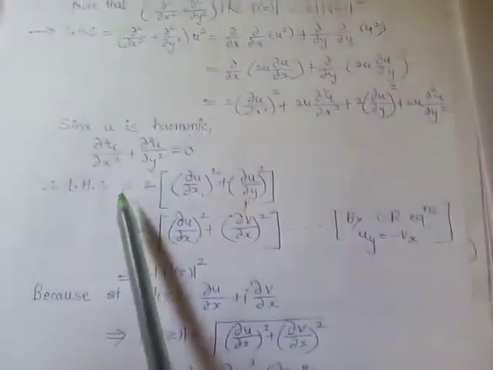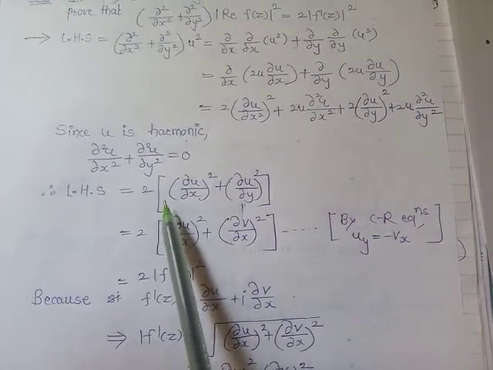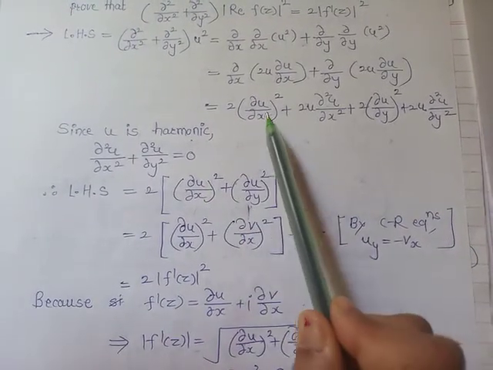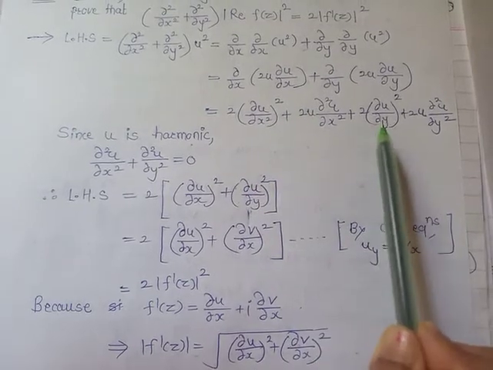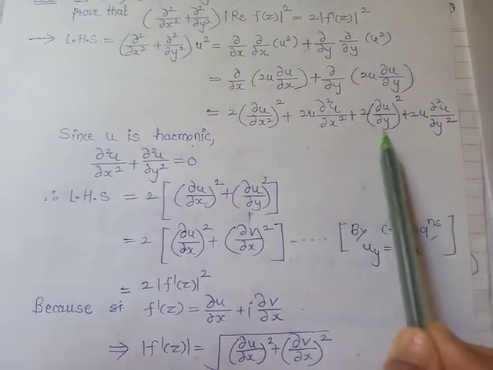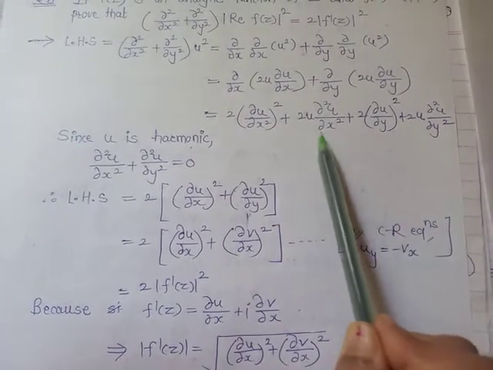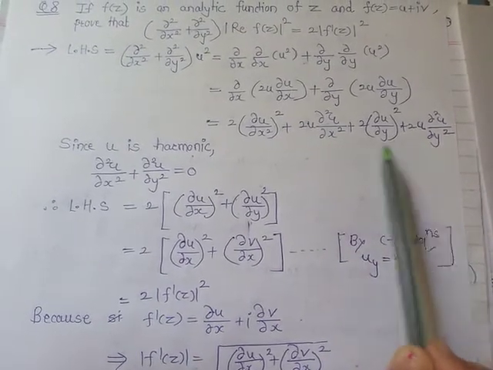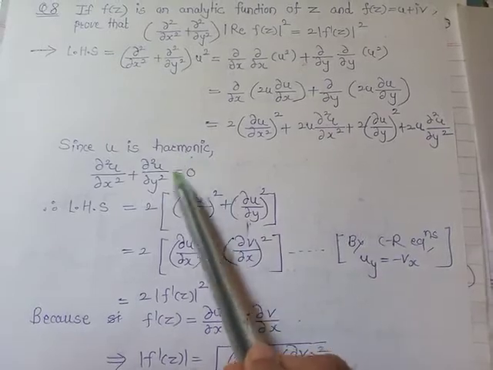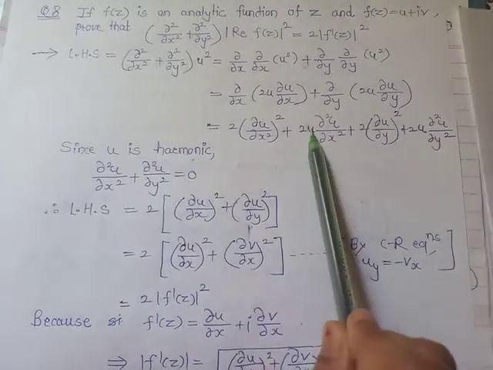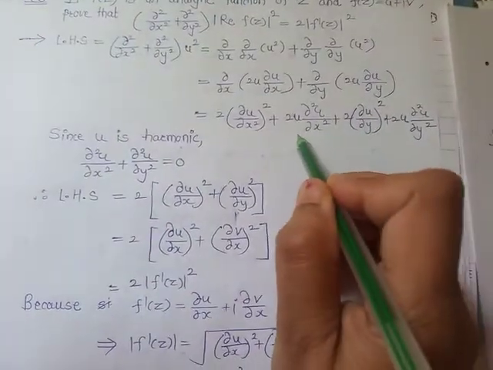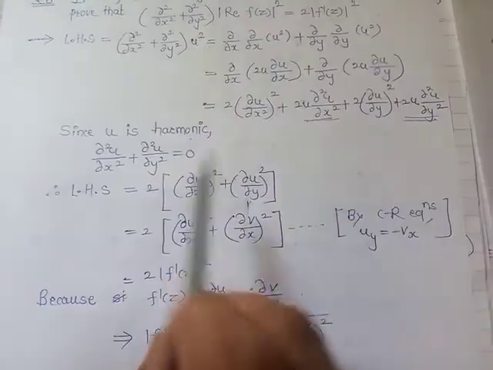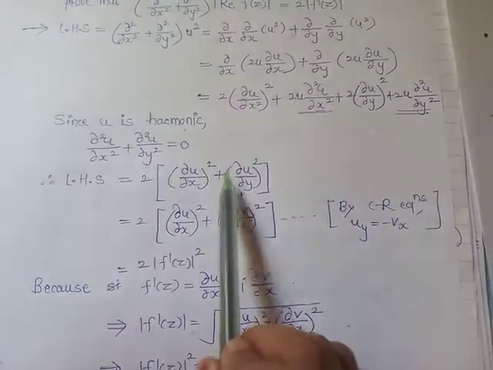Now left hand side is equal to 2 times bracket, because from these two terms if we take 2u common, then addition will be 0. So only these two terms will remain.